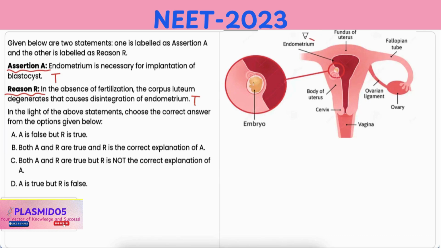Now, the endometrium is vital for implantation as it provides support and protection for the developing embryo, not only supplying oxygen and nutrients, but also shielding it from microbial invasion during pregnancy. Thus, the correct answer is option C. Options A, B, and D are incorrect as these include incorrect combination.